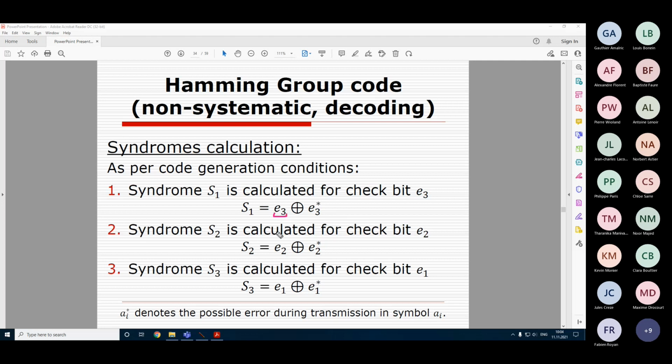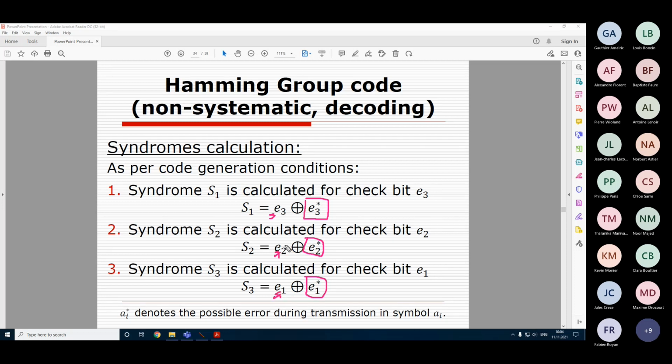If, however, there are differences, then there are errors. So with asterisk, we have denoted the symbol we have received. So this is one we have received. And this is one which we calculate again, anew.